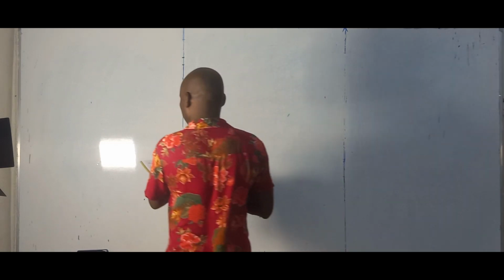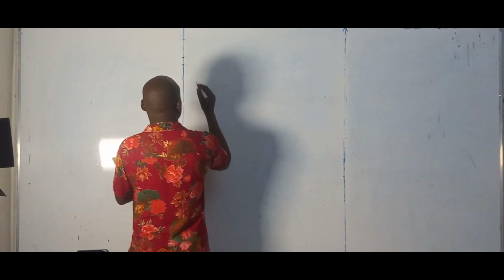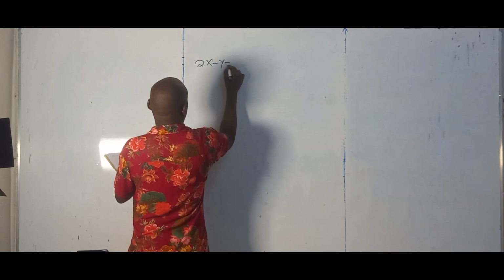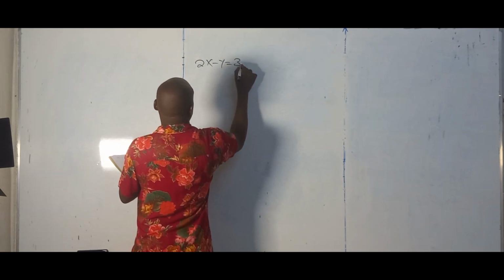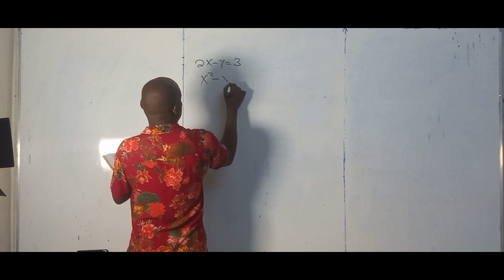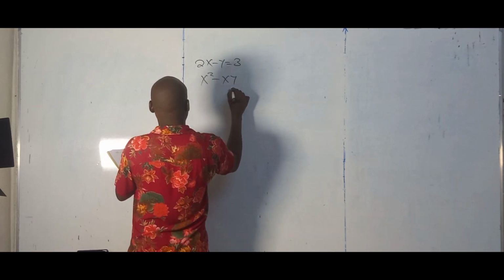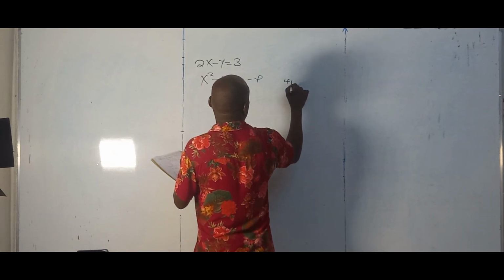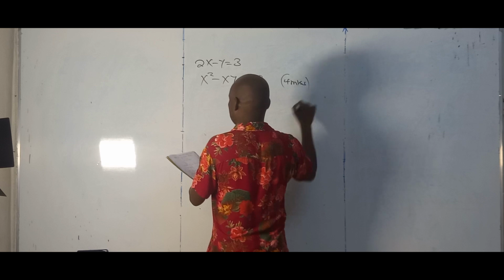Well, now we are asked to solve the simultaneous equations 2x minus y is equal to 3 and x squared minus xy is equal to minus 4. And that should be 4 marks.